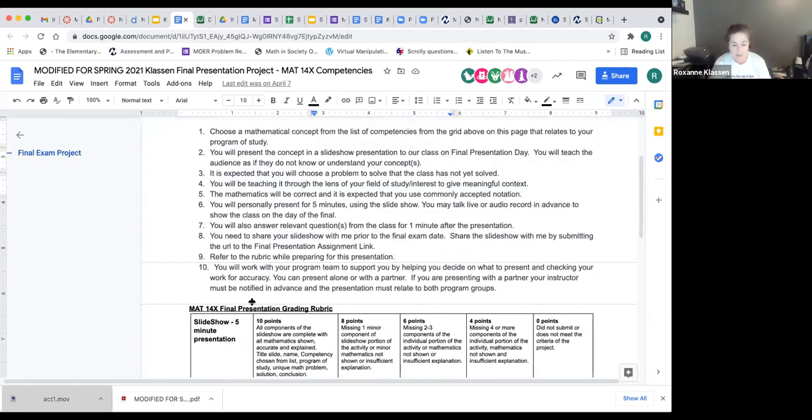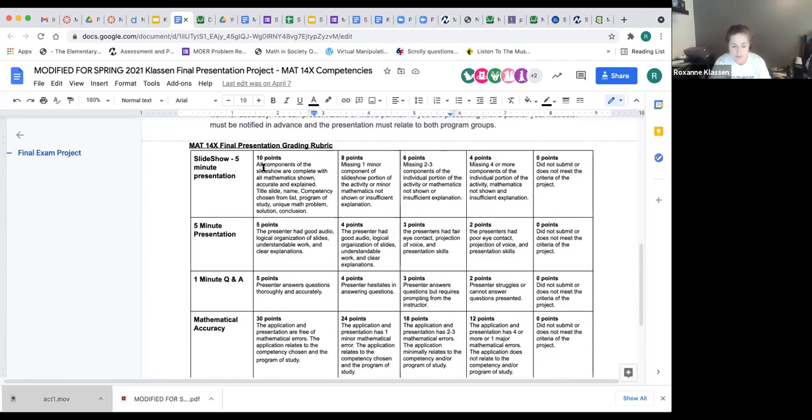So remember that in your presentation, the first thing you're being graded on is, do you have everything in there? Do you have a title slide with your name, the competency, and what your program of study is? And then this is the part that some people are leaving out. They have a lot of information about their program of study and about some math, but they never gave a problem that they solved.